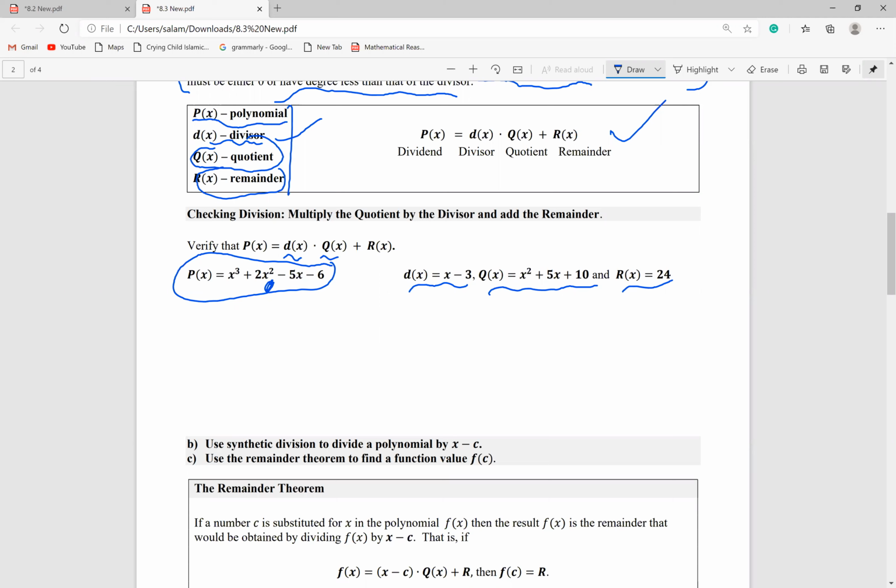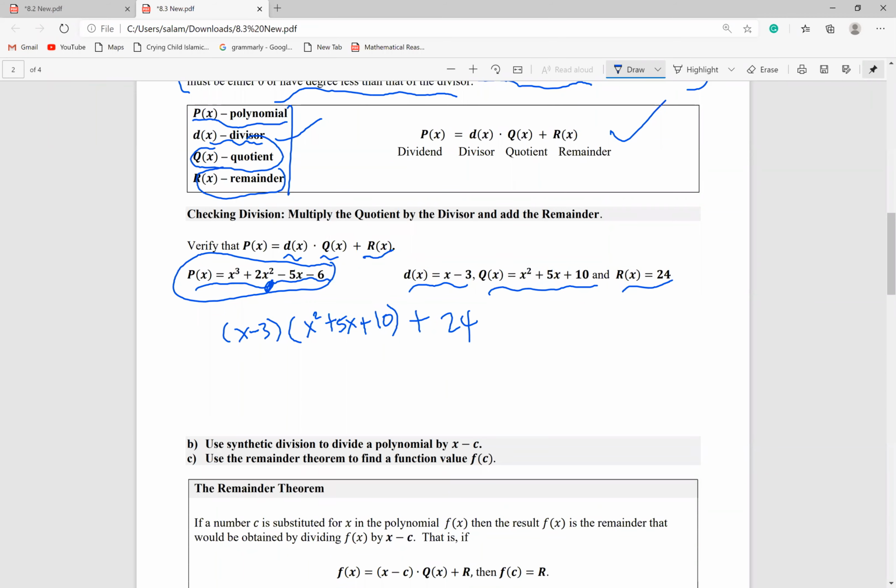So we're going to use all those terms. Our d of x is x minus 3, multiplied by q of x, which is x squared plus 5x plus 10, plus r of x, which is 204. We want to see if we get our p of x.